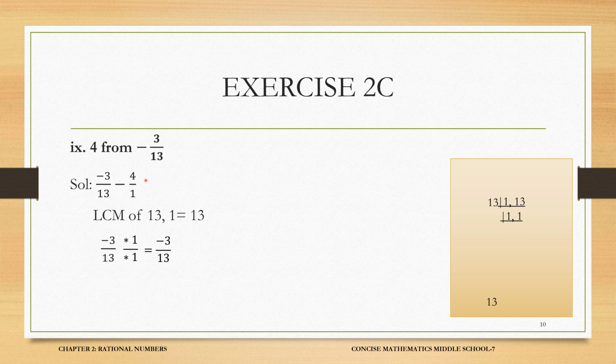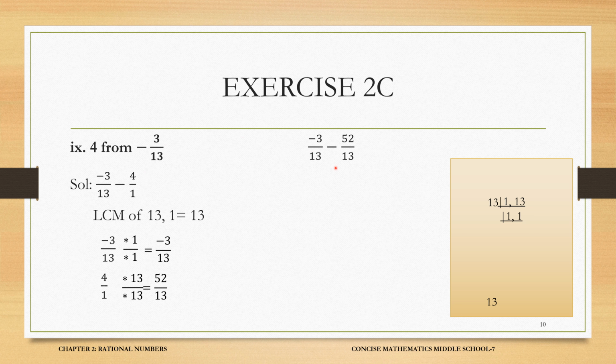Now take the second rational number 4 by 1. Since it is 1, you need to make this 1 as 13 because our LCM is 13. So 1 should be multiplied with 13. 4 into 13 will be 52. 1 13s are 13. Now just substitute these values over here. Just replace it.